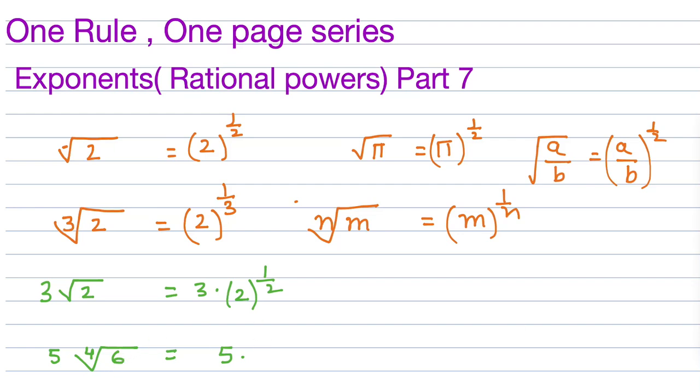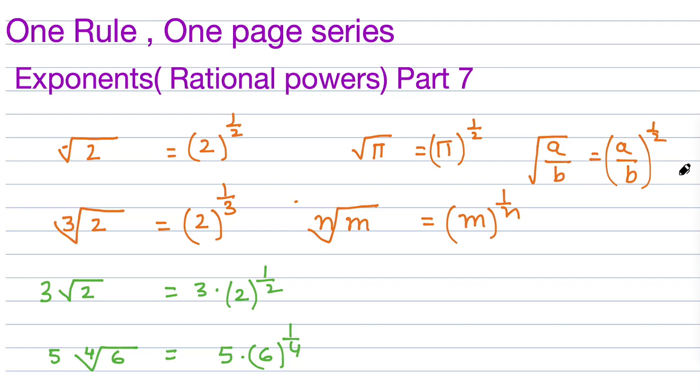And what is that number? That number is 6. So 6 is the number inside the root sign, and 4 is the number inside the V sign, which is the fourth root. So it will be written as 5 times 6 to the power 1 by 4, right?